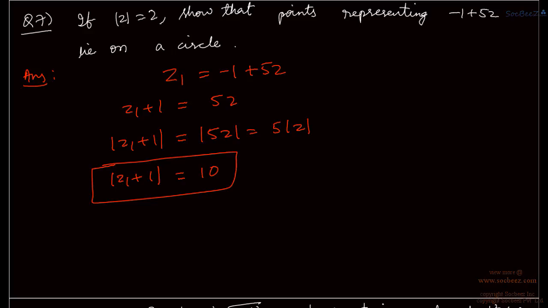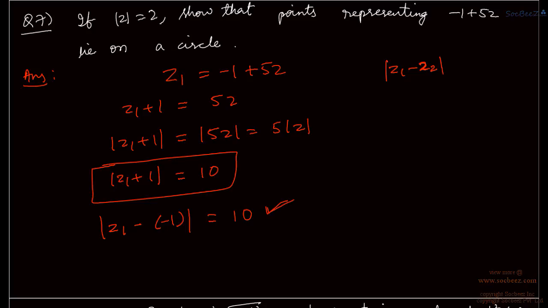Now what does this mean? This means that this can now be written as mod of z1 minus of minus 1 is equal to 10. Now if you remember, while writing the distance between 2 points z1 and z2, we write that as mod of z1 minus z2, right?